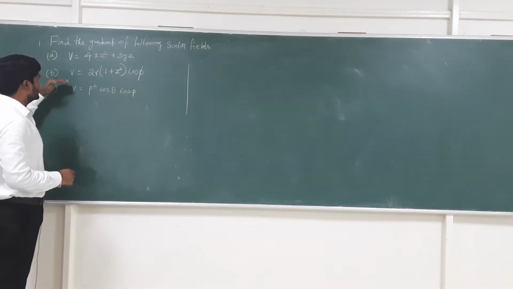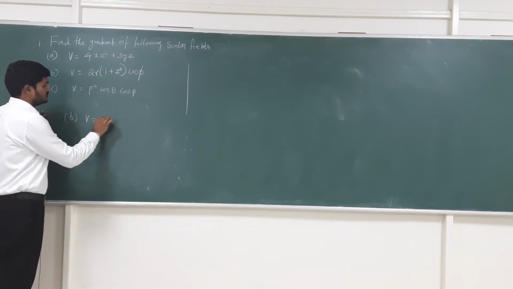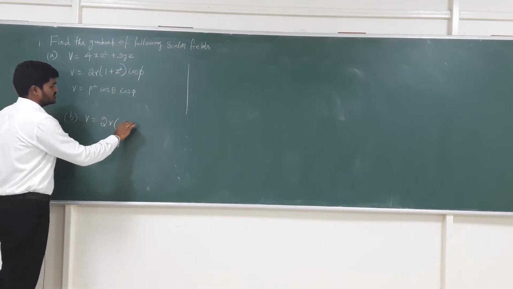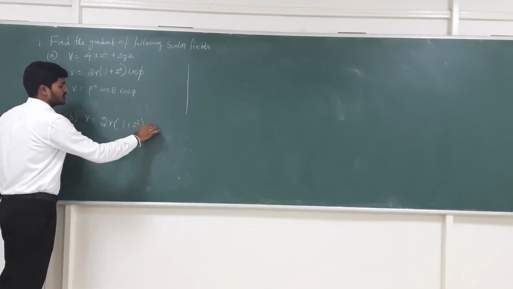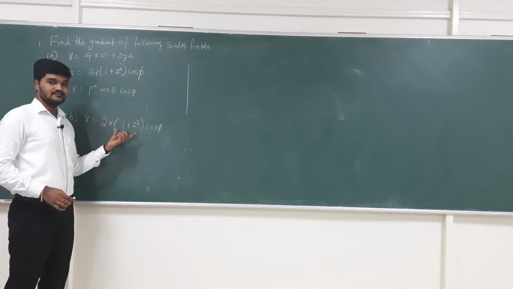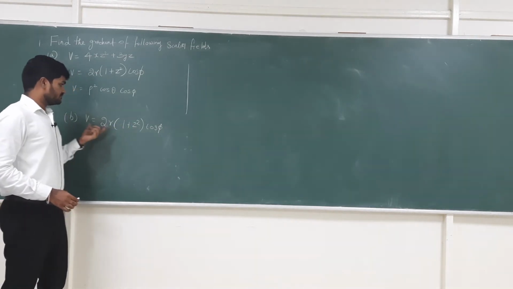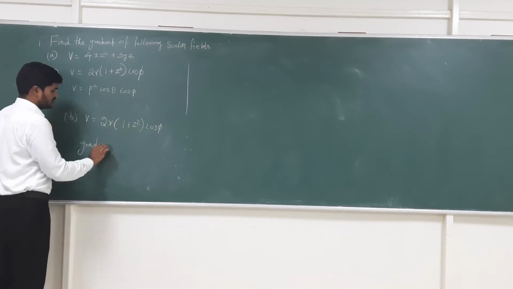Then the second problem is V equals 2r(1 plus z²) cos φ. The scalar is a function of r, z and φ, so it is a cylindrical coordinate system.